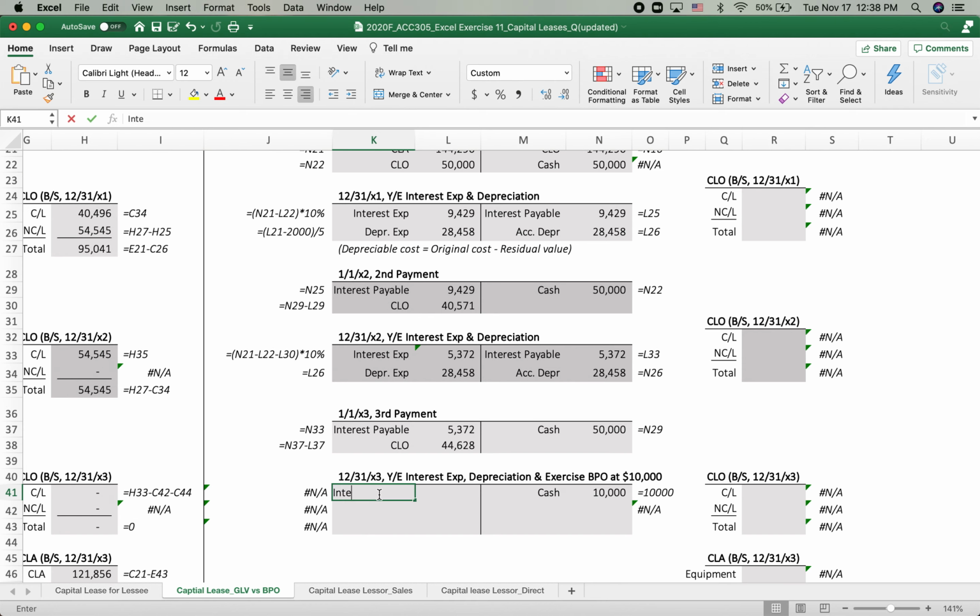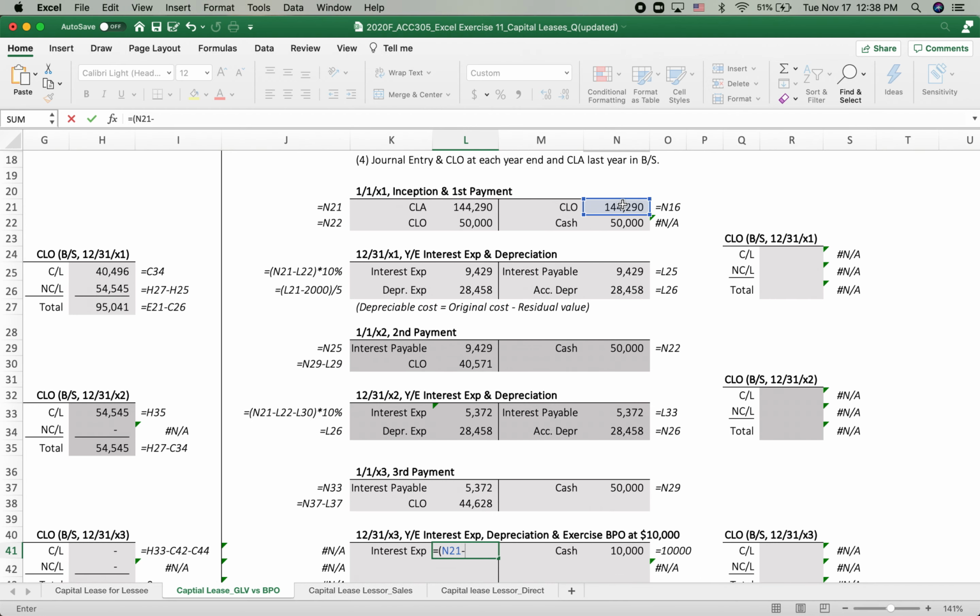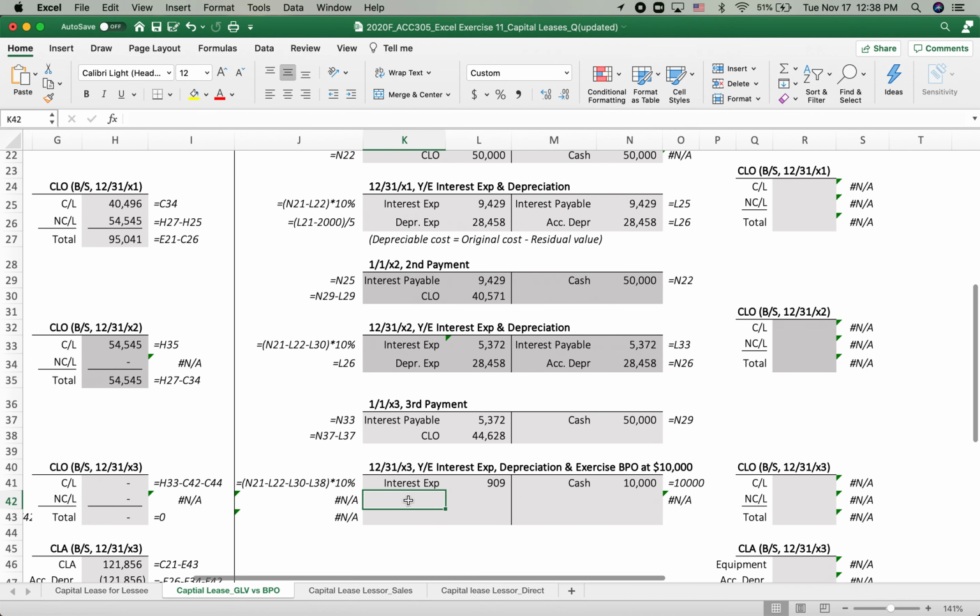Then that is also comprised of interest expense. Now, how do you calculate it? Once again, the CLO beginning balance minus the CLO principal reduced, times 10%, the interest expense, the use of others' money, right?